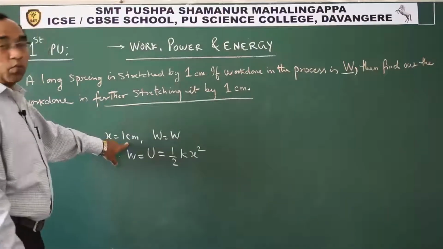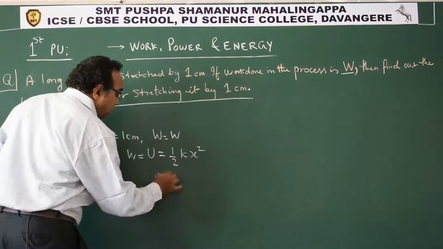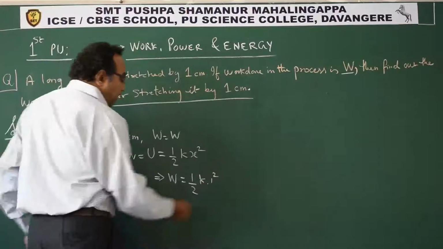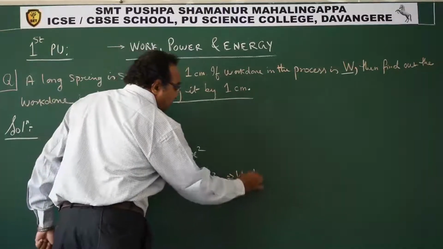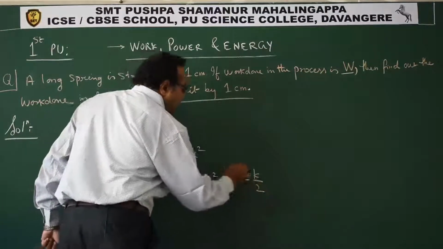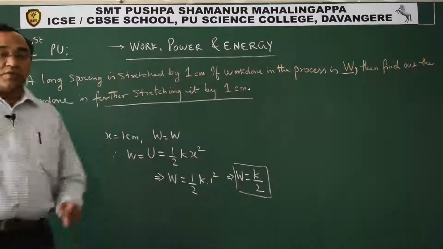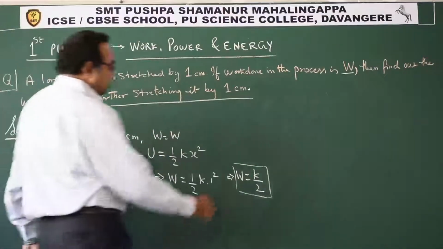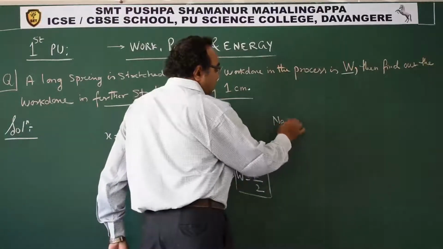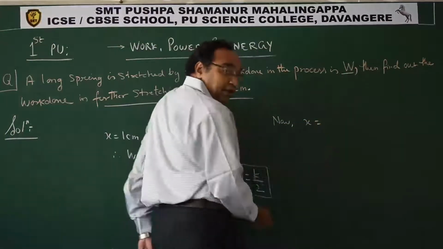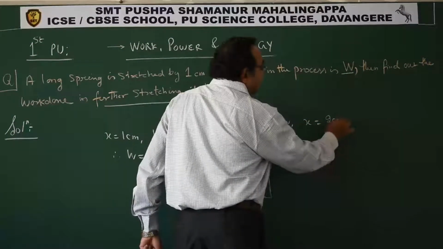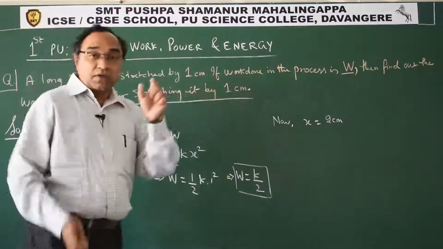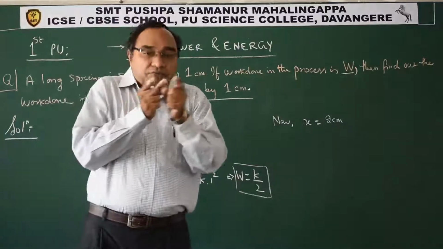Now it is stretched by 1 centimeter. So from this we can say W is half k, let us say 1 square. So from this we can say W is k by 2. This is one expression we got, relation between the spring constant and W. Now the next X I will take it as 2 centimeter because it is stretched, further stretching it by 1 centimeter. 1 centimeter you have stretched, further 1 centimeter.